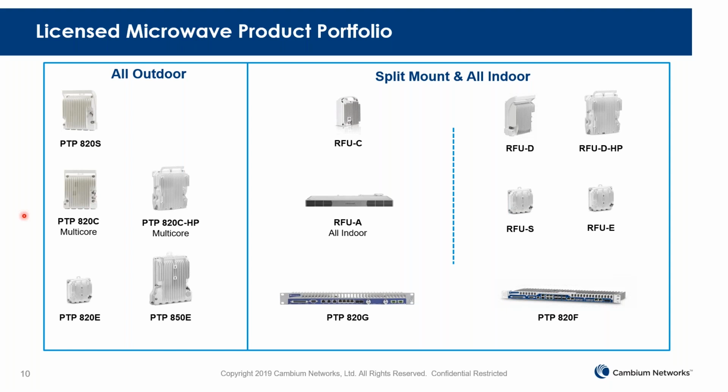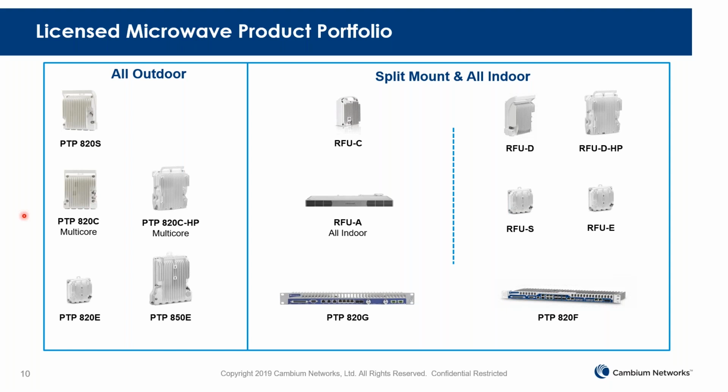For A20F, we have 4 different RF heads. RFUD and RFUDHP, think of them like A20C and A20CHP. They're dual core, so a single radio can support 2 carriers. RFUS is like A20S, single core and standard power. And RFUE is like E band. It's more like the A20E, the 2.5 gig radio.